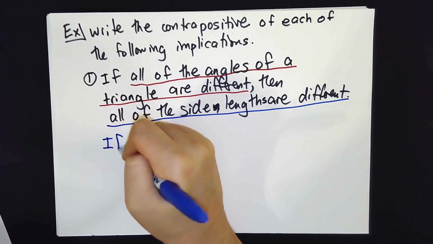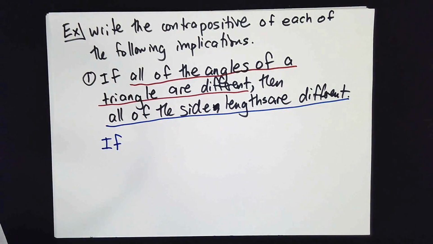So what is the negation of the statement, all the side lengths of a triangle are different? Now, here's something where you might be inclined to say, well, the negation of that is all the side lengths of a triangle are the same. However, that is not the negation of all the side lengths are different.